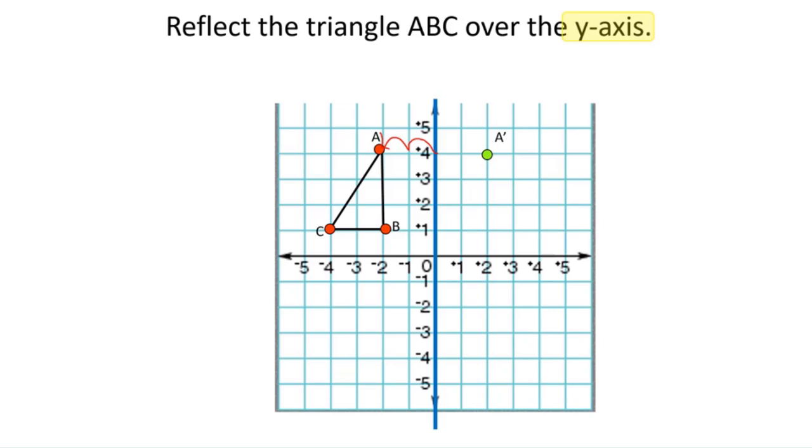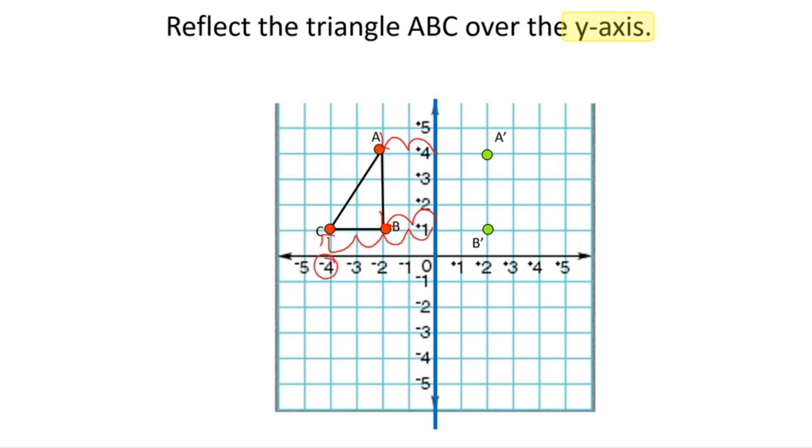and that's going to be A prime. Notice point B also was 2 places to the left. So when we reflect that, we're going to move it 2 places to the right of the axis, and that's going to be B prime. And notice point C is 4 spaces to the left, or it's at -4.